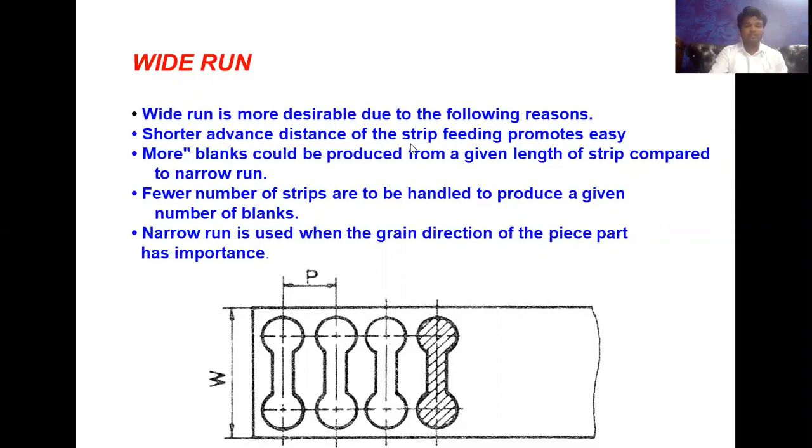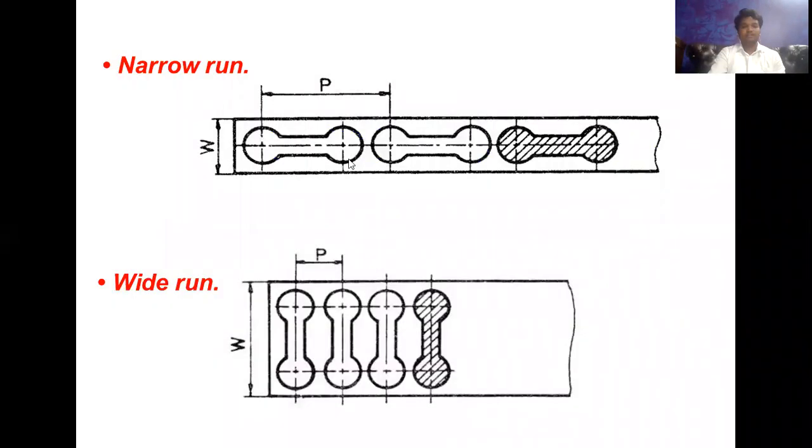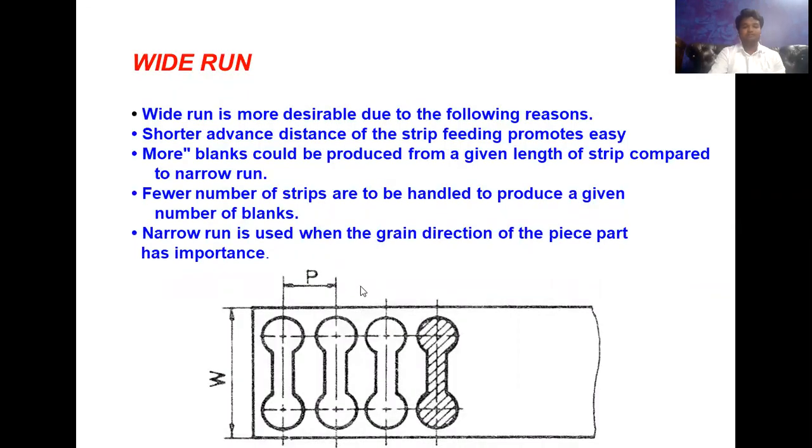Shorter advance distance of the strip feeding promotes more blanks to be produced from a given length of strip compared to narrow run. So we can produce more blanks. Here we can see that due to the shorter distance, more blanks can be produced. If I see here only two, it has just started for the second blanking. Now if I take the same length, I have almost taken two blanks out of the strip.